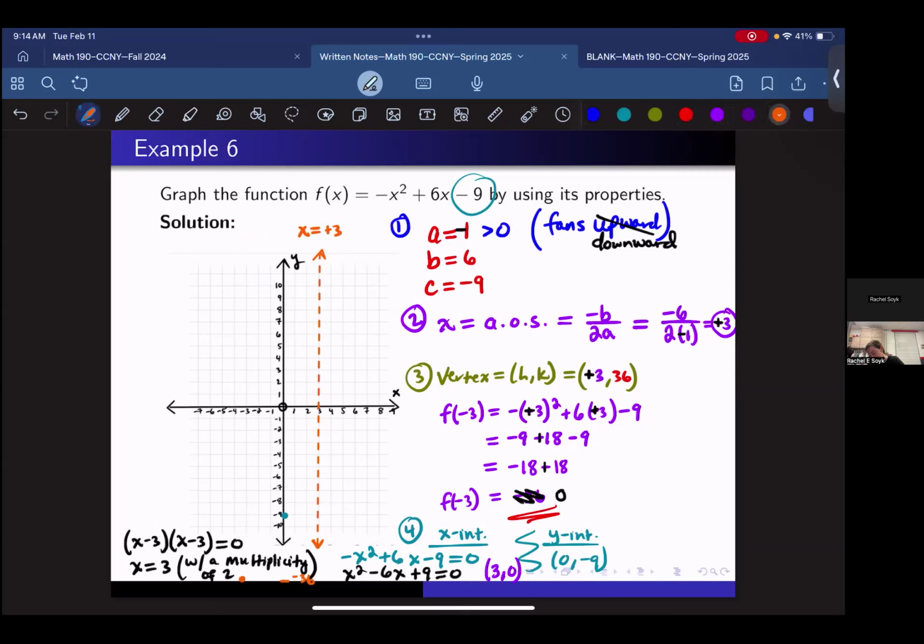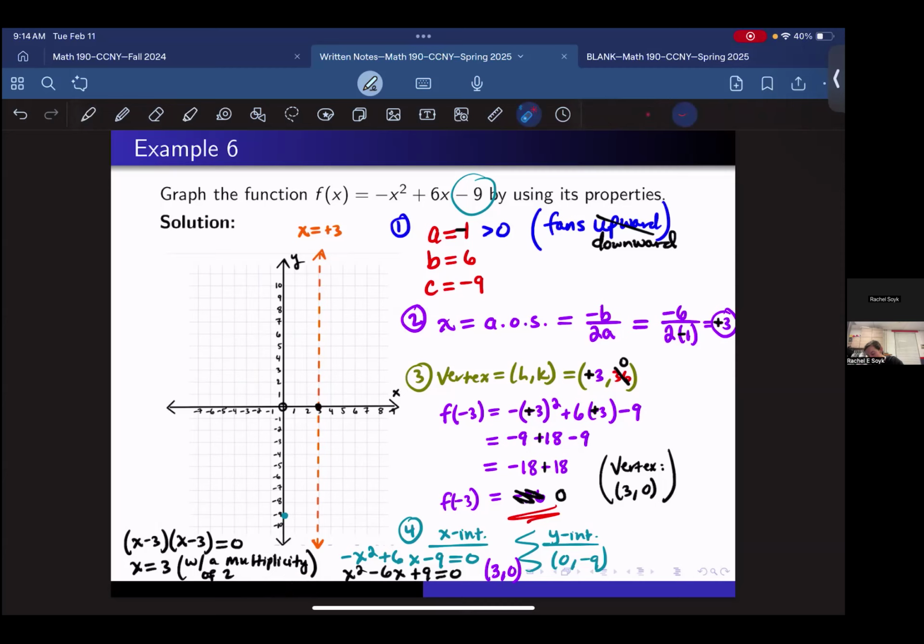And then our vertex is at 3, 0. Fanning downwards, so we don't need these points at the bottom here. Y-intercept is still the same, and so is our x-intercept. Our x-intercept actually also happens to be the vertex.